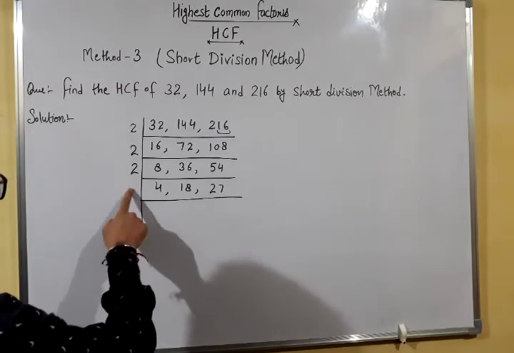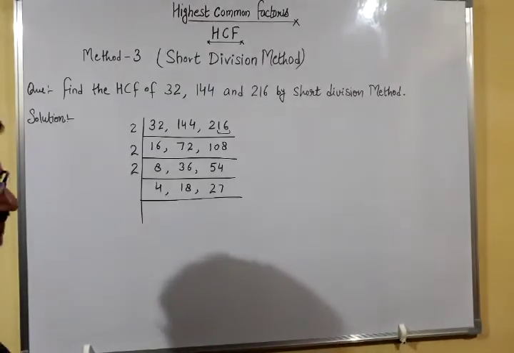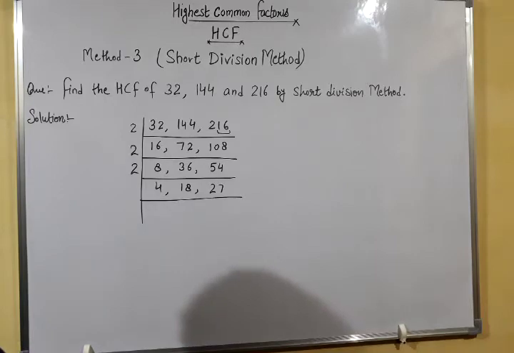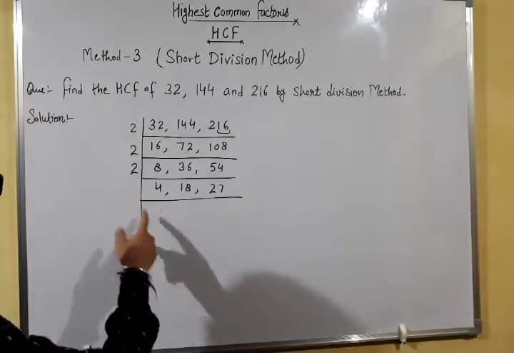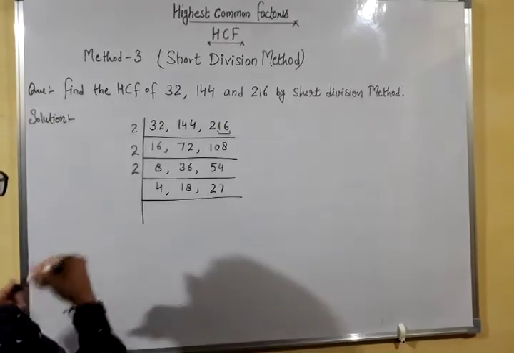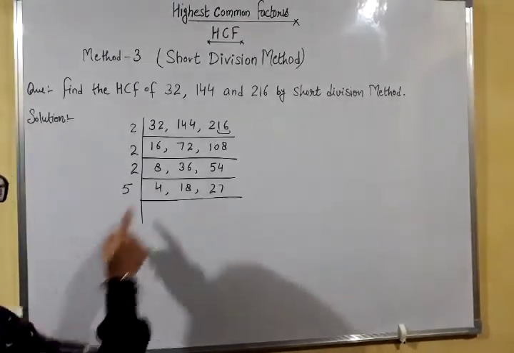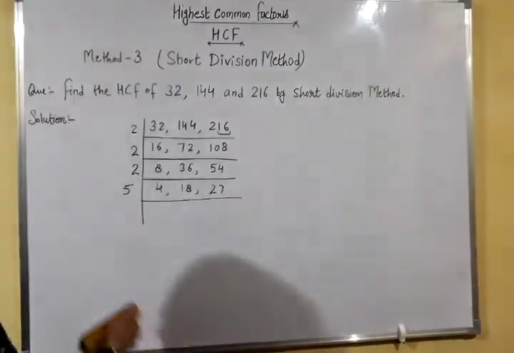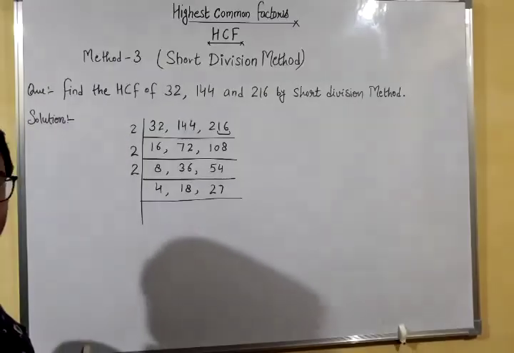By 4, 18 and 27 are not divisible, and we cannot go ahead. Yes, we cannot go ahead from 4, because if we go ahead then we will write 5, and 5 cannot divide 4, because 5 is greater than 4. Therefore we cannot divide further.